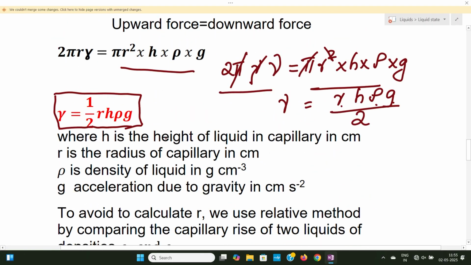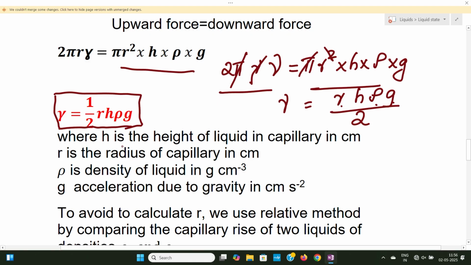So in this module, we saw the determination of surface tension by the capillary rise method. We have an equation to find the surface tension by capillary rise method, that is gamma is equal to 1 by 2 R H rho g, where gamma is the surface tension of the liquid, R is the radius of the capillary, H is the height of the liquid, rho is the density of the liquid, and g is the acceleration due to gravity.